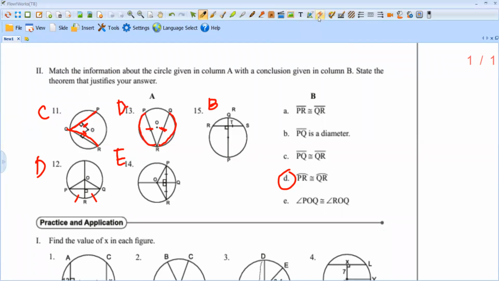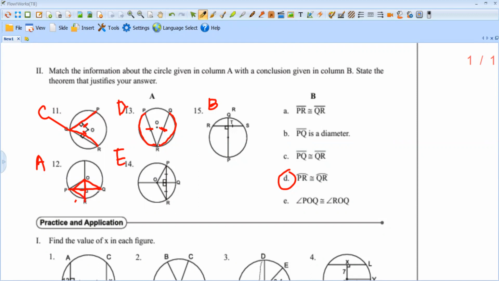That's the first answer of Adrian, was correct, right? PR is equal to QR. These are equal, right? Because we can say that if these two segments, this PQ, intercepting this, then it bisects the angle POQ.